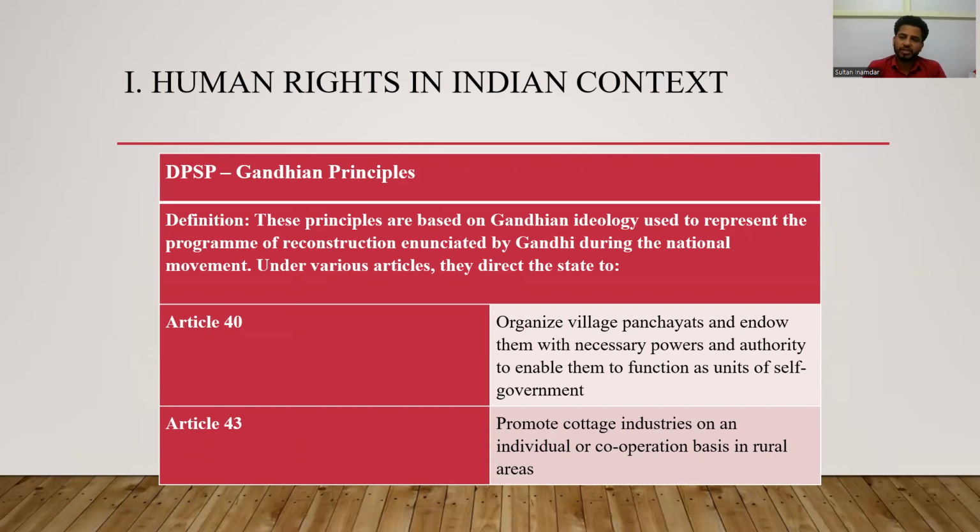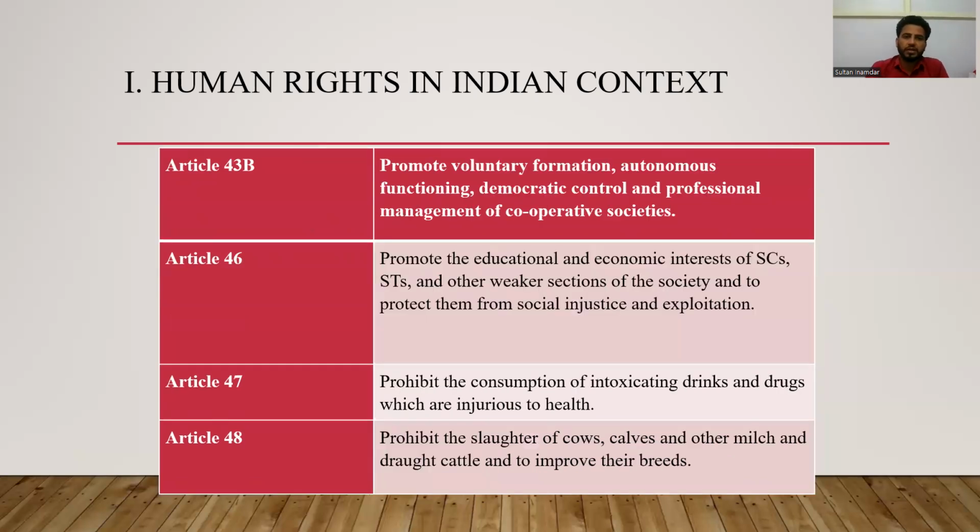Gandhi believed that villages should be self-sufficient. They should have their own government. And therefore, village panchayats or gram panchayats should be enabled in the nation. It also promotes cottage industries. Since Gandhi was a supporter of indigenous goods, this provision is added wherein cottage industry is supposed to be promoted by the government.